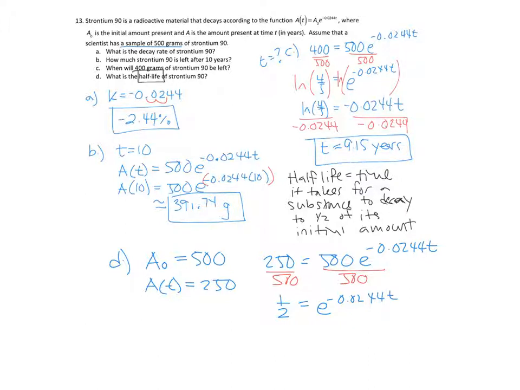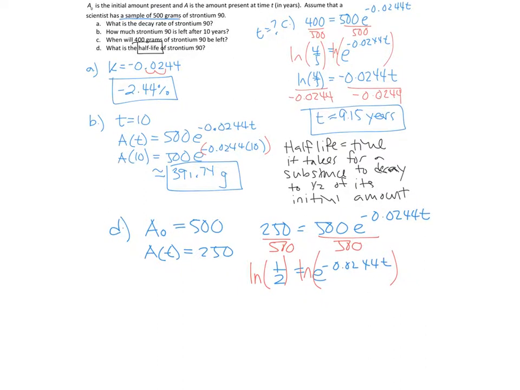And notice that we will always get 1/2 in a half-life problem like this. It wouldn't even matter what the initial amount was, because the amount after time t is half of the initial amount. Okay, the next step is to get to the exponent and get rid of that e by taking the natural log of both sides. And we get the natural log of 1/2 equals negative 0.0244t.